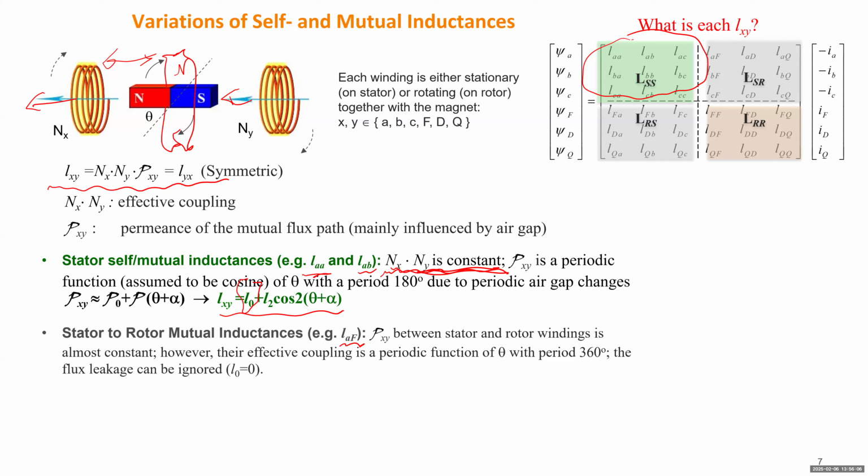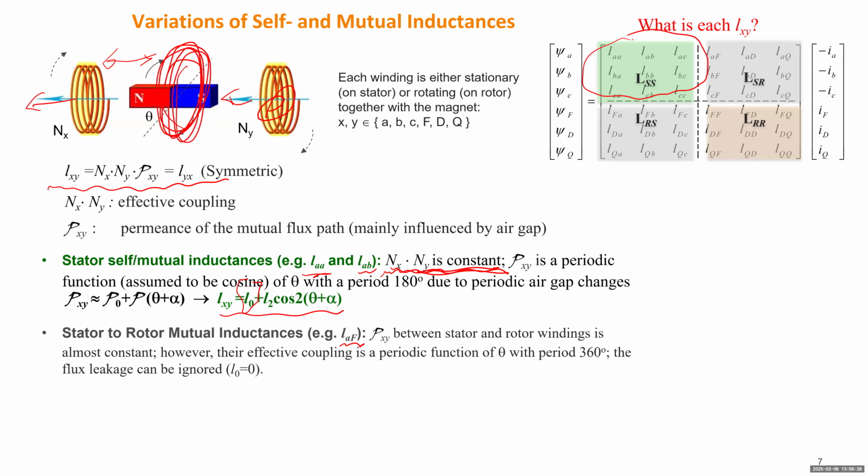So for this case, one winding will be on the stator, and the other will be on the rotor. The second winding will stay on the side of the rotor.